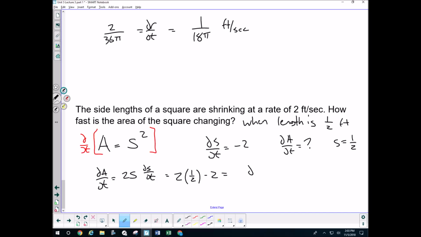And I get dA/dt is negative 2. It's an area, so it'd be in squared units. And it's shrinking, so the change in the area is going to be negative.